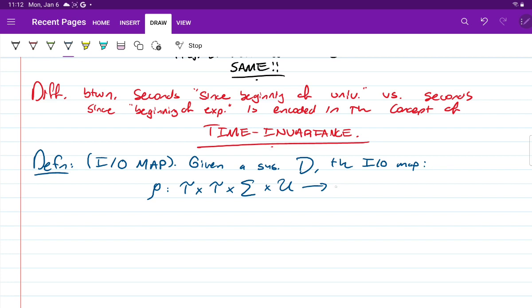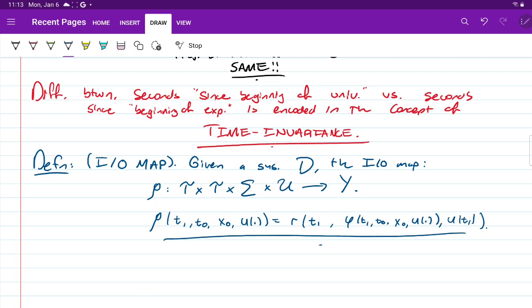And instead of mapping into sigma, it maps into my output value space, the space Y. It's defined as the composition of the readout map with the state transition map. So rho of T1, T0, X0, and U is equal to R of T1, phi of T1, T0, X0, and U, then my input at time T1.